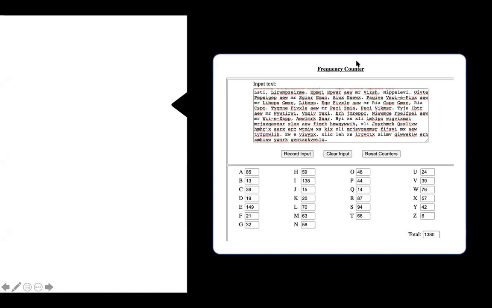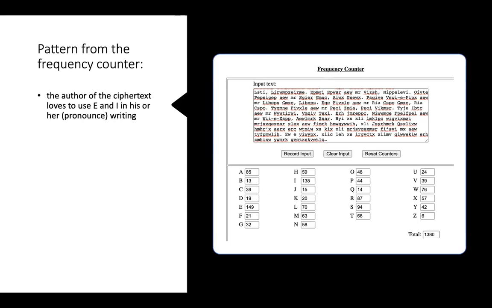When I actually put the ciphertext into the frequency counter, I see that the letter E occurs most of the time, and the second most frequent letter is I. So I could say that the author of the ciphertext loves to use E and I in his or her writing.